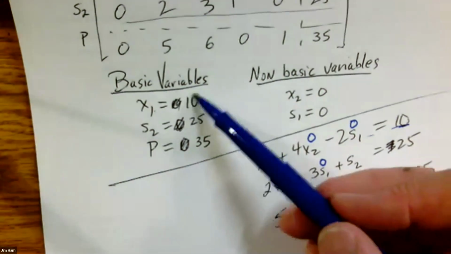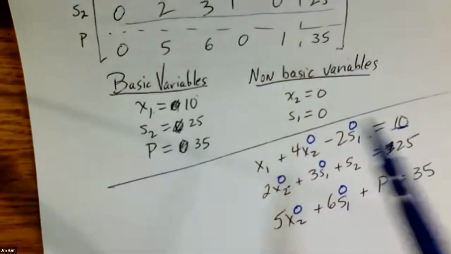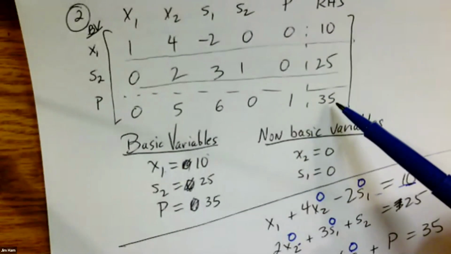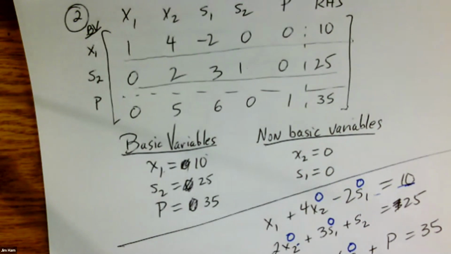So that's how you can find them just by looking at the right-hand side. The basic variables are equal to these numbers on the right-hand side, and all the non-basic variables are equal to 0.